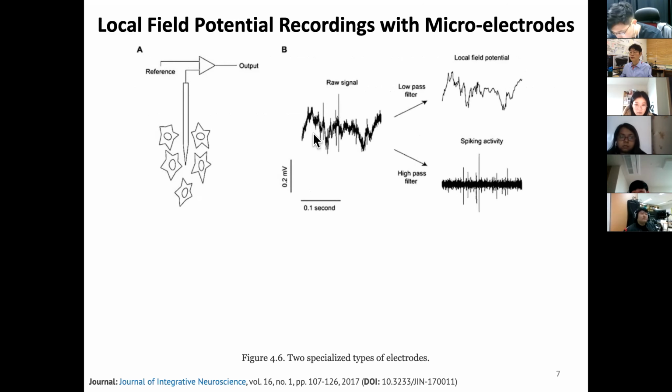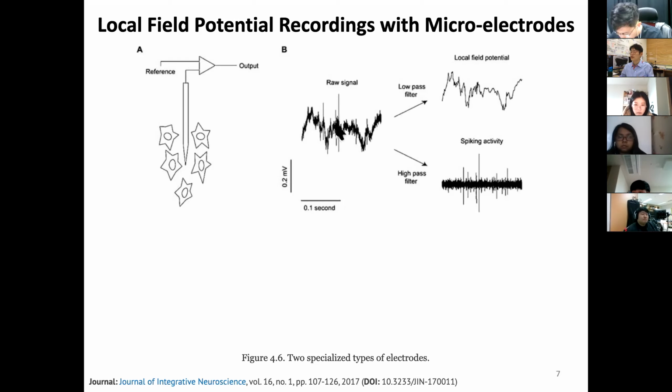This is the raw signal, and usually we present time versus voltage differences. This one is a little complicated, so you have to look at it expanded.